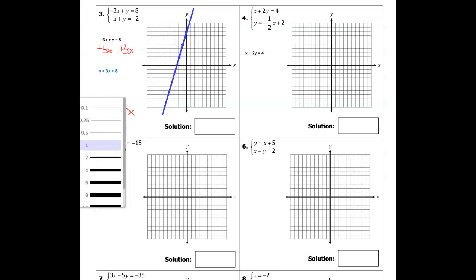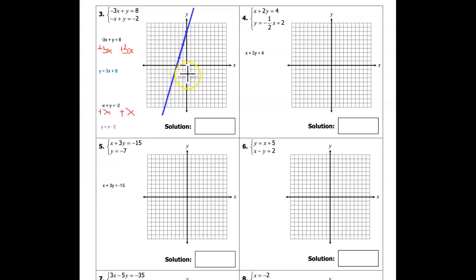So we'll start by going down to negative 2, put our point, and then my slope is positive 1, so up 1, right 1. Get a couple of points, put a line through them, and then we'll have our solution. The more points we draw, the more accurate our graph will be. And so right here is where those two lines intersect.